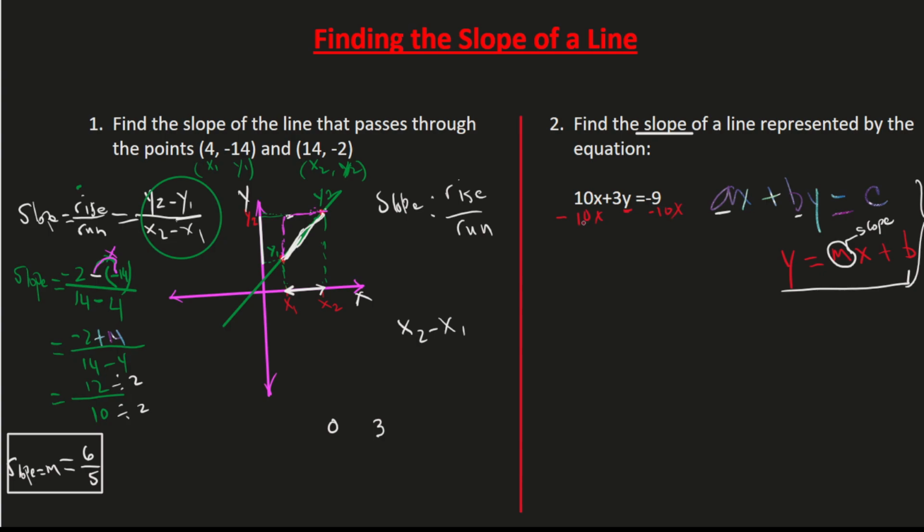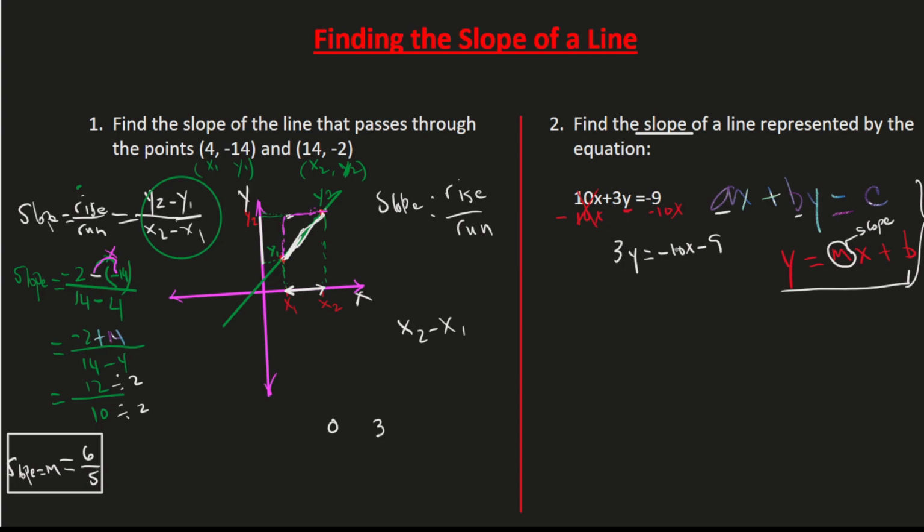So 10x minus 10x, this is 0. So I'm left with 3y. We are left with 3y, and I'm going to get 3y here is equal to, remember, minus 10x minus 9. So I add these two.